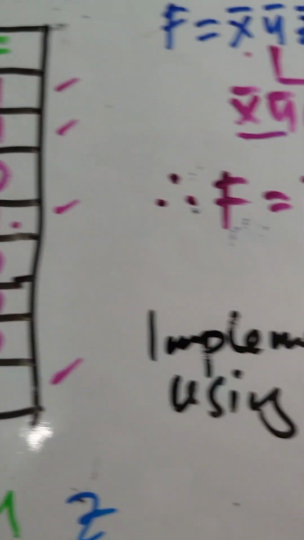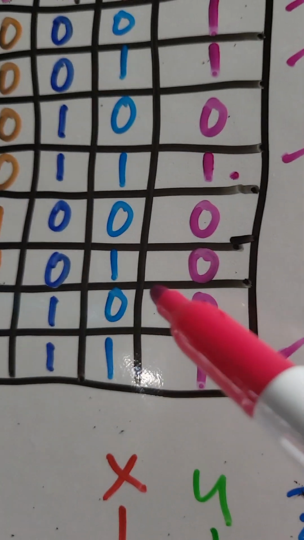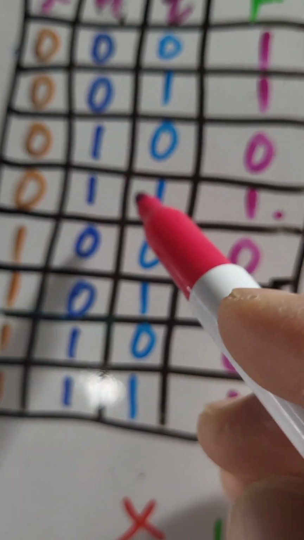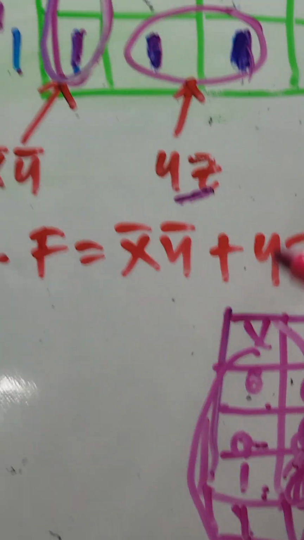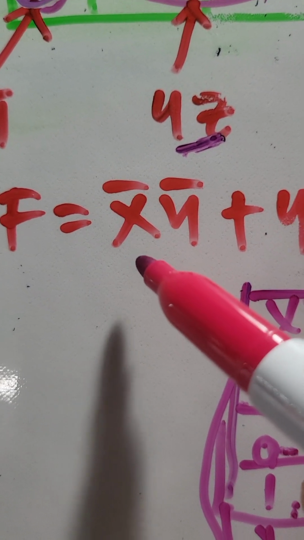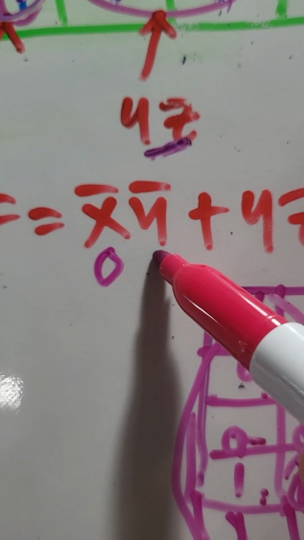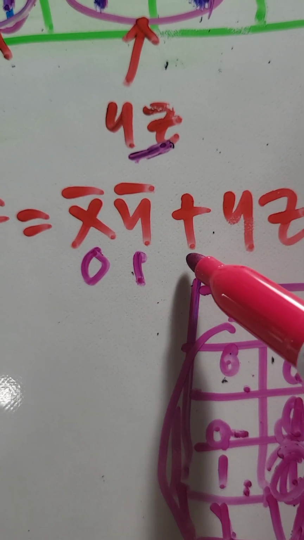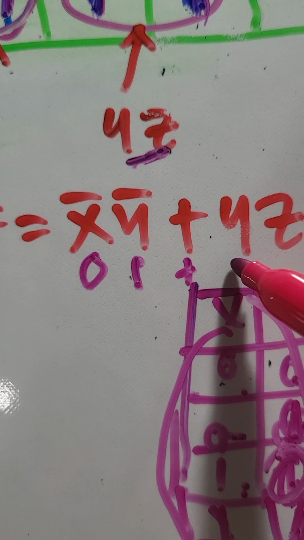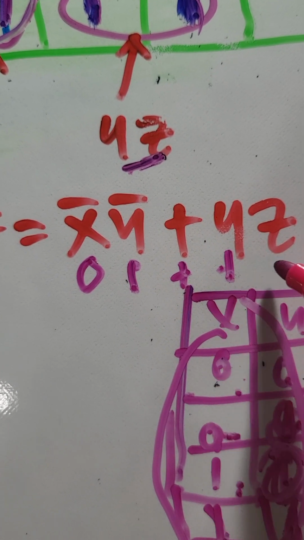0, 1, 1. Okay? 0, 1, 1. 0, 1, 1 is 1. So here in our Karnaugh map, x is 0, y is 1, and z is 1.